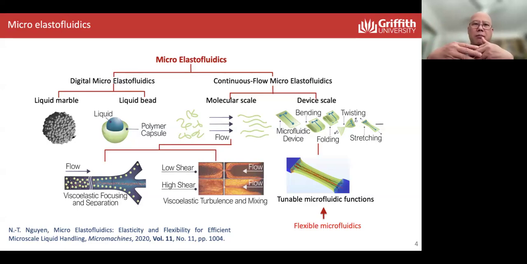So we make it flexible, solid-like, so that we can handle it like handling particles. Right, so if you have existing technologies for handling bits, particles, now we can apply them to liquid as well, if you make liquid droplets become solid.